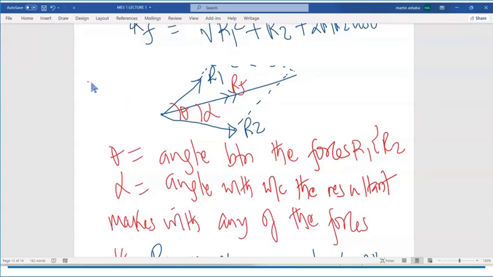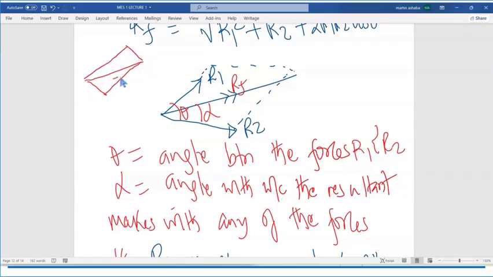You have a shorter side, and maybe the diagonal, then you'll have a longer side like this, and the other side opposite.